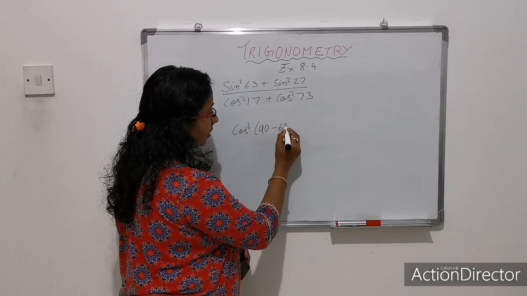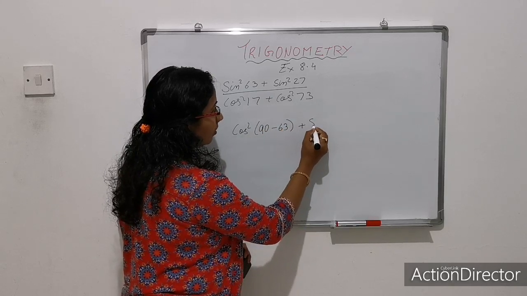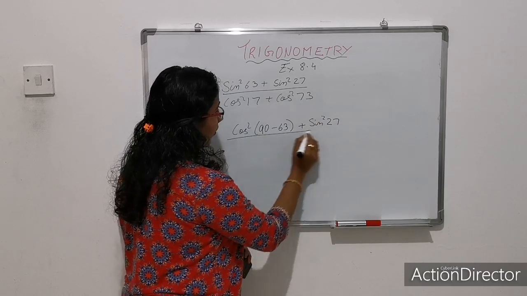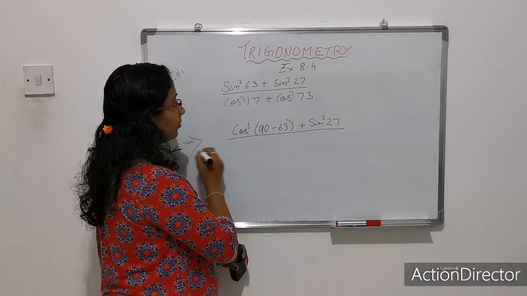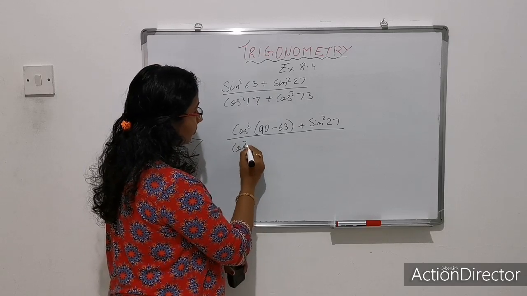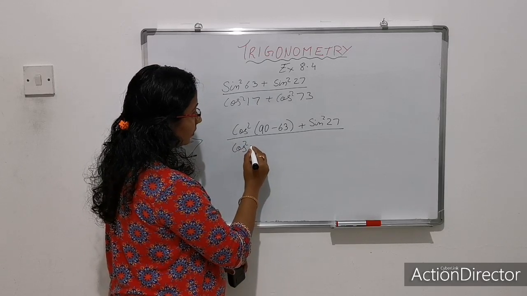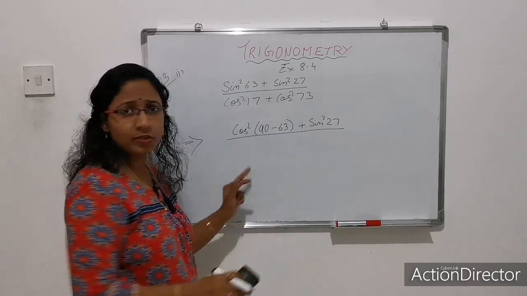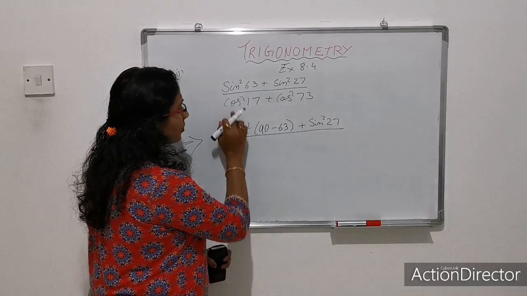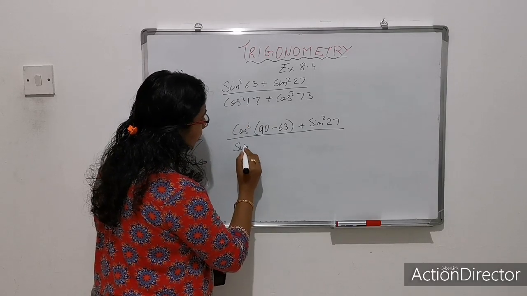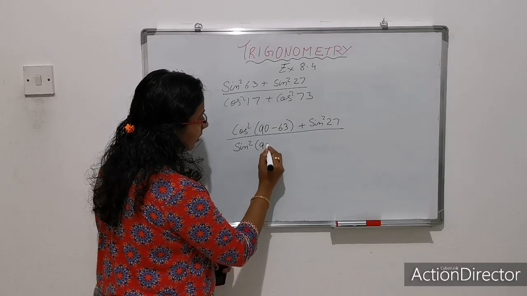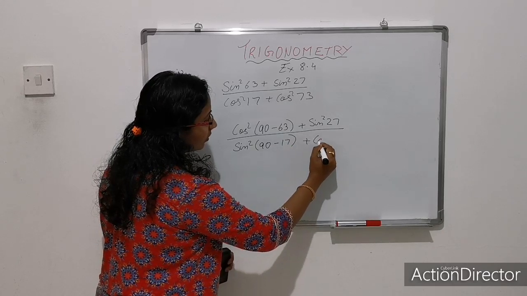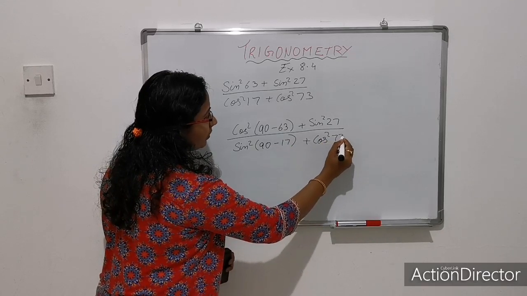90 minus theta, and sin square theta divided by cos square. I prefer to change the first one always. So this I will change. This will become sin square 90 minus 17 plus cos square 73.